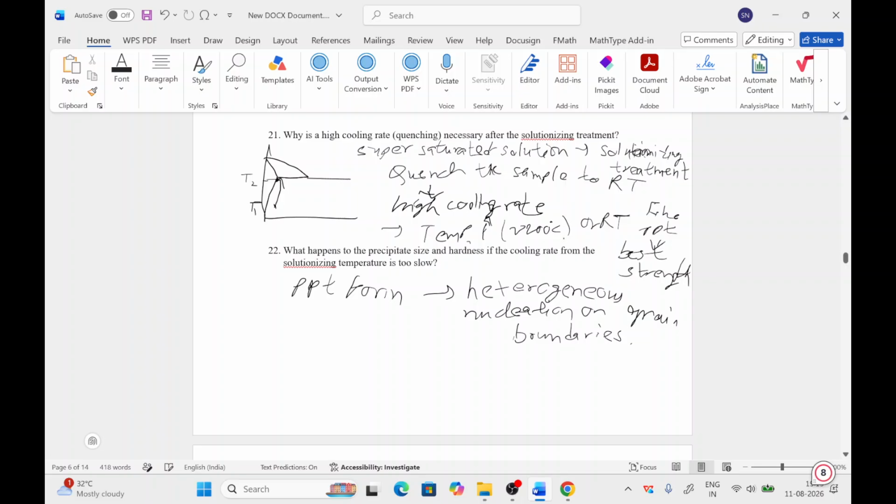So at grain boundaries, these precipitates are forming, and they are also coarse in size. This leads to intergranular fracture, which means the fracture will occur from the grain boundaries.